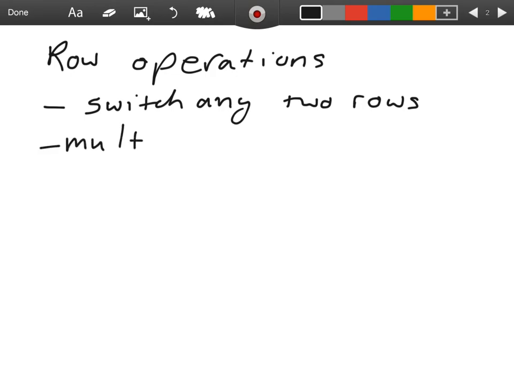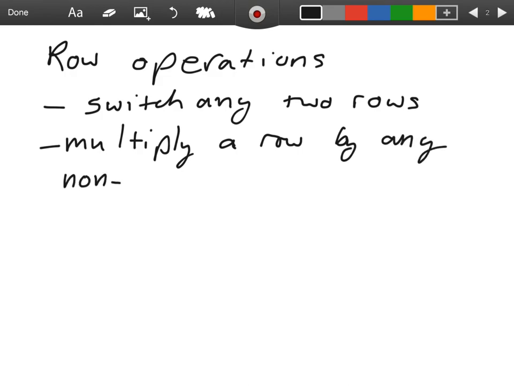We can multiply a row by any non-zero real number.